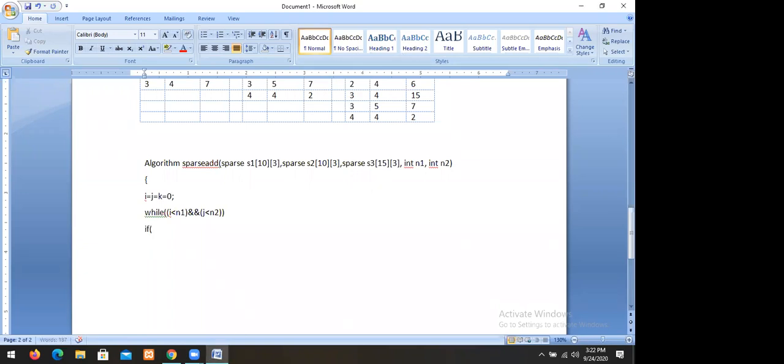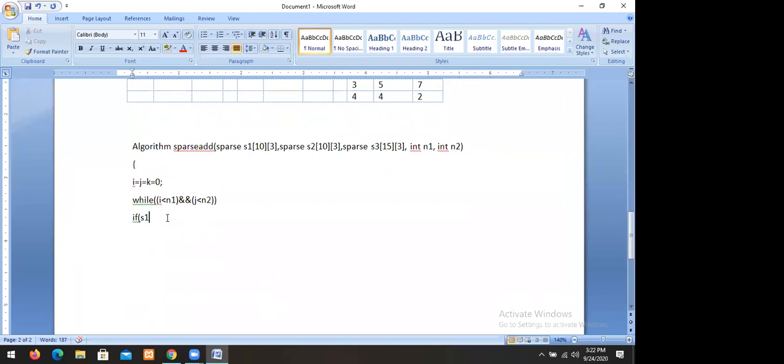If S1 of ith row 0th column is equal to S2 of jth row 0th column, that means the rows are equal.